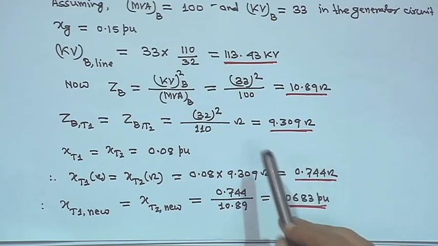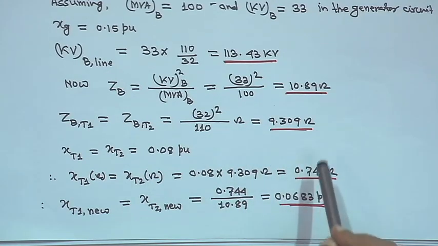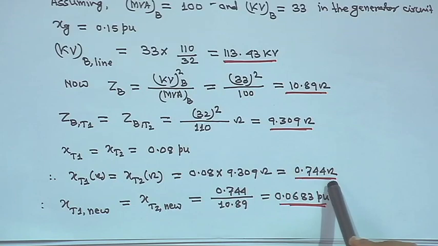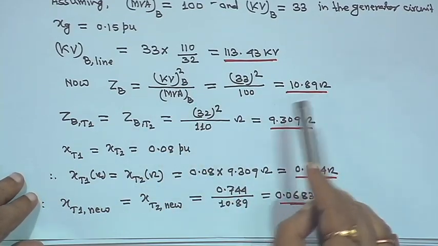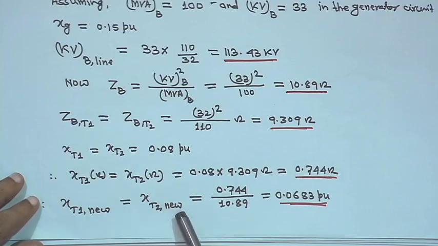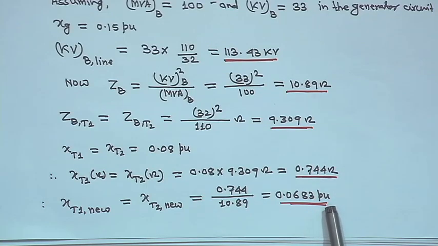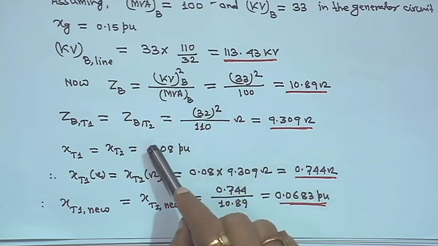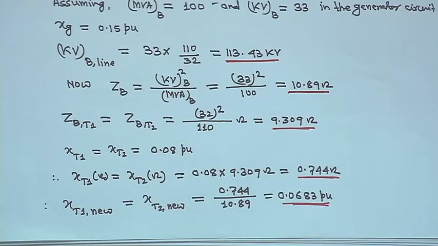That means on its own rating you find its base impedance and then convert it to ohmic values. But the base impedance is 10.89, therefore XT1 new is equal to XT2 new, 0.744 upon 10.89, which is 0.0683 per unit. These are the new values. Of course, the same thing you can do using equation 16, in terms of new and old values of the base quantities and the per unit quantities, which will come again.